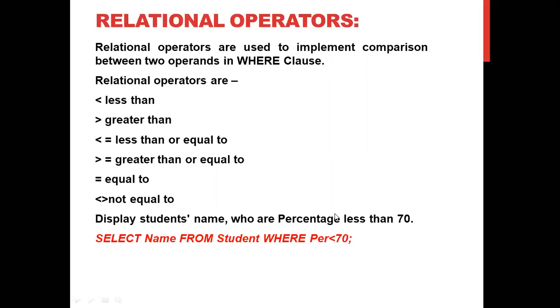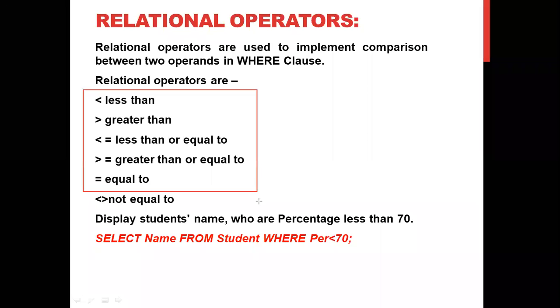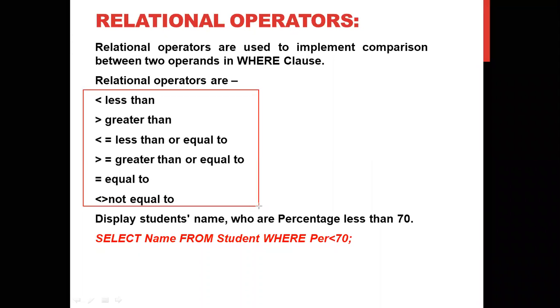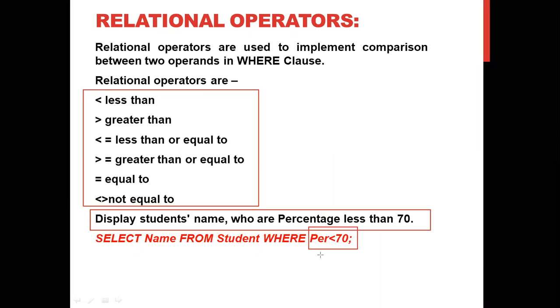For example, these are the relational operators: less than, greater than, less than or equal to, greater than or equal to, and not equal to. In the question, display the names of students whose percentage is less than 70. It means per is less than 70, and it is applied with the WHERE clause. This is the relational operators.